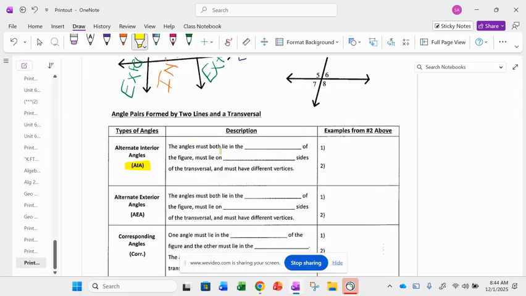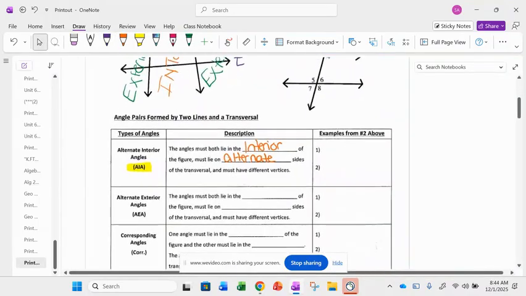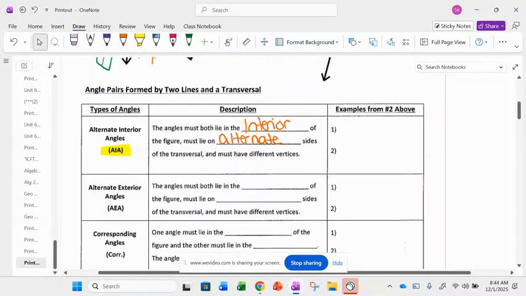The angles must both lie in the interior of the figure and must lie on alternate sides of the transversal and must have different vertices. So write that in, and then I'll explain this to you a little bit better.